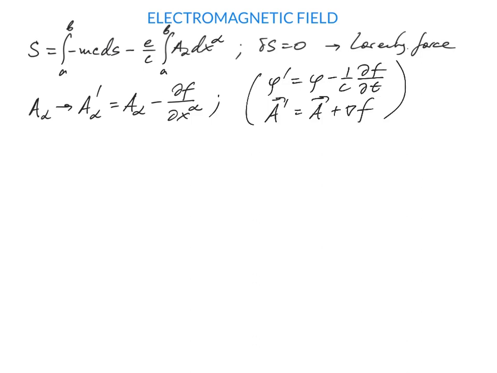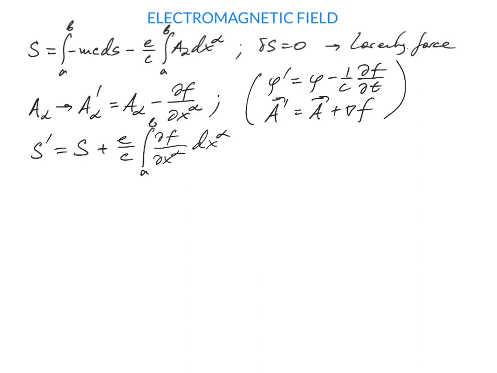Now, if we substitute this new A prime into the action, it's easy to see that the new action will acquire an extra term which looks like df/dx^alpha dx^alpha.